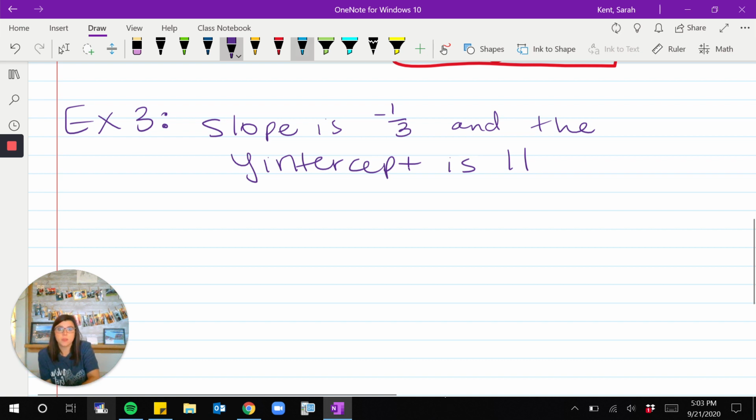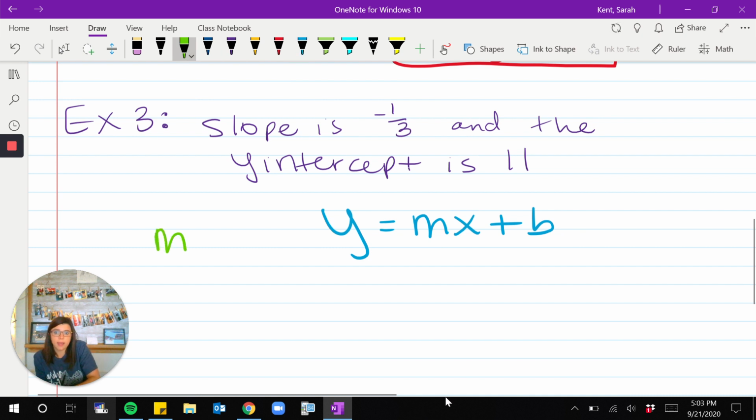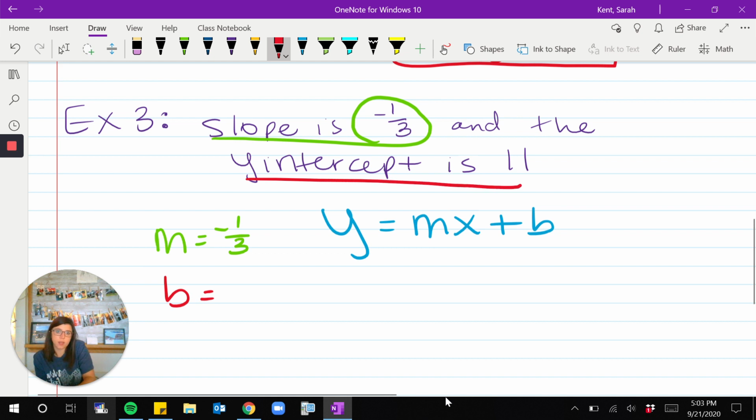Again, we're thinking about y equals mx plus b. My m is always my slope. Here it says my slope is -1/3. And then my b is my y-intercept. It says the y-intercept is 11.